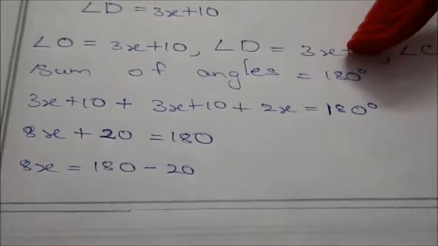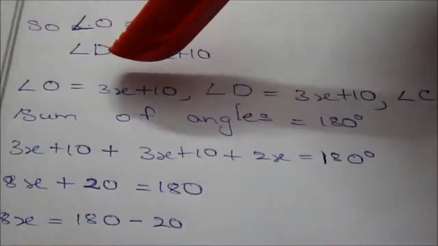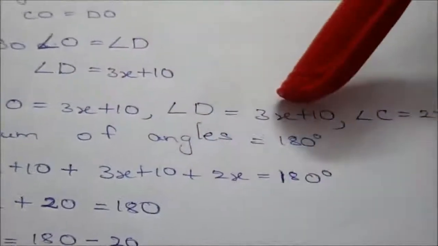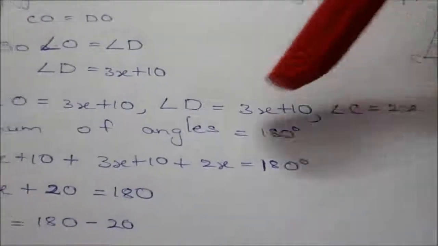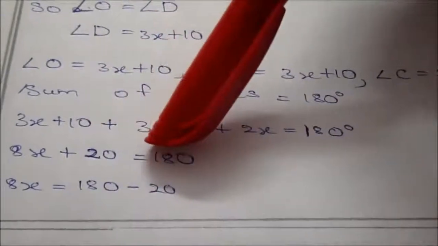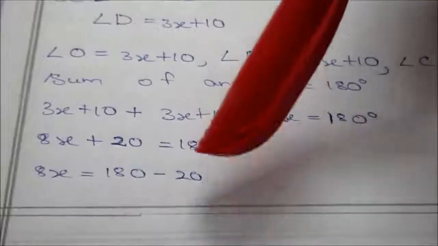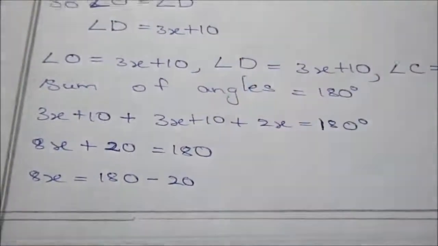The sum of all angles equals 180 degrees. So what are our three angles? 3x plus 10, 3x plus 10 and 2x. If we add these three angles, we should get 180 degrees. By using this formula, we have to solve this problem.